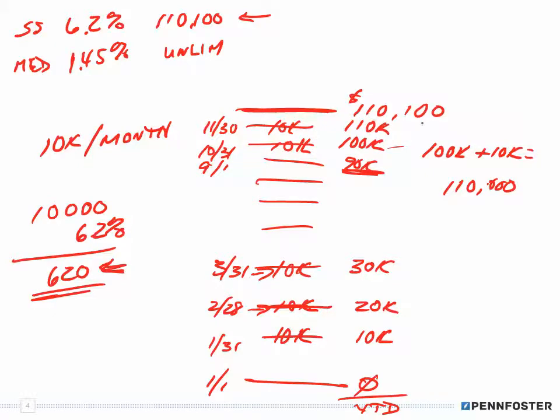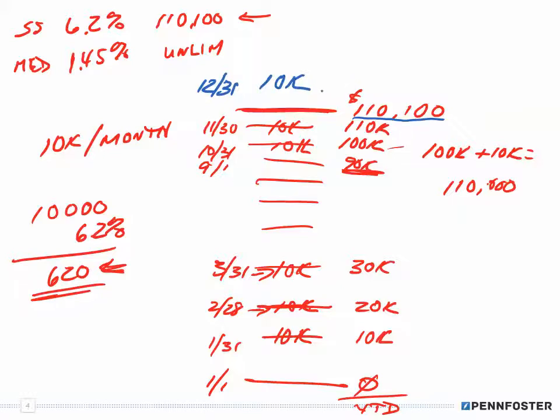Okay, all right, now it's December 31st and you're being paid an additional 10,000. Now the question is, how much, let me erase that to maybe make it a little bit more clear. Okay, so now it's December 31st and you're being paid an additional 10,000.